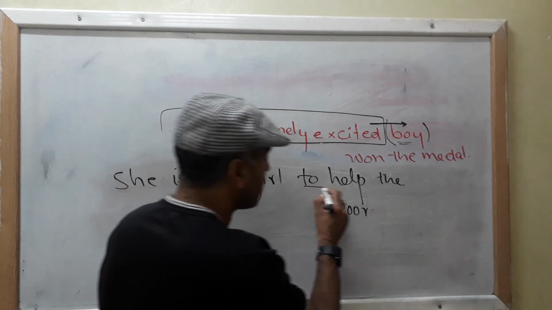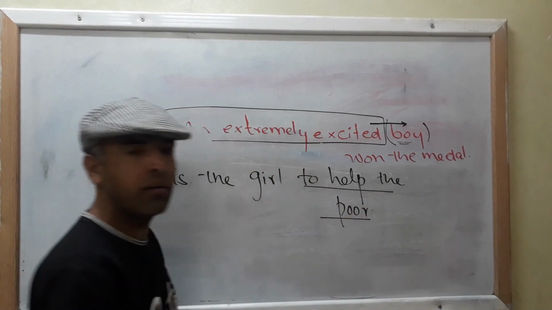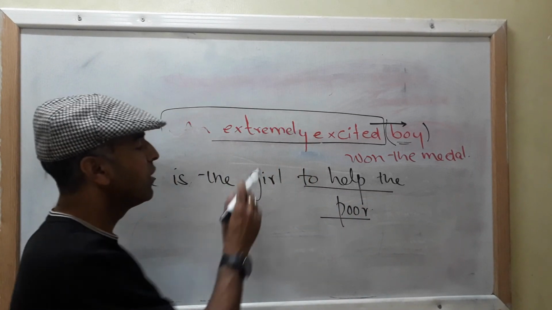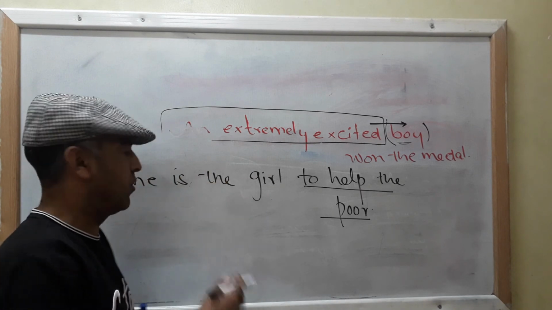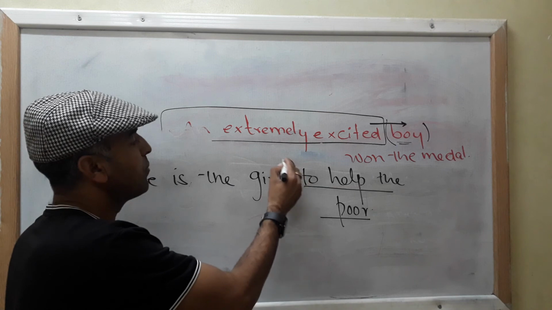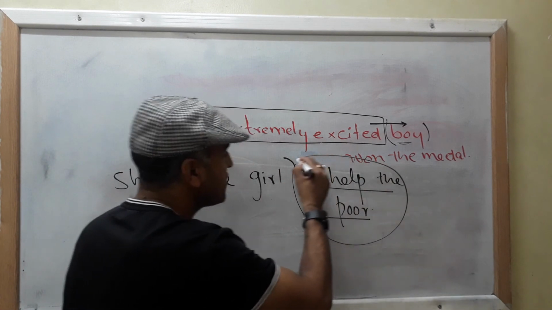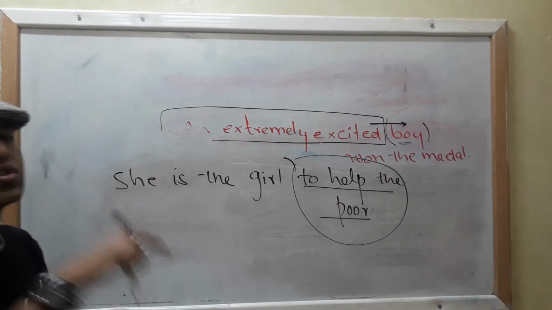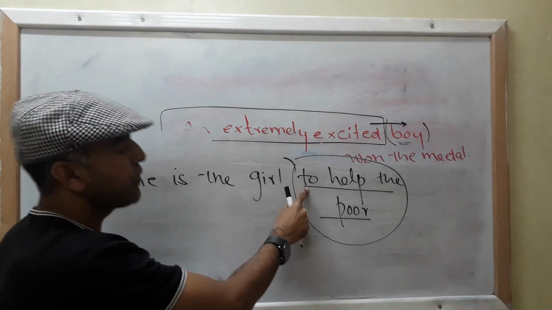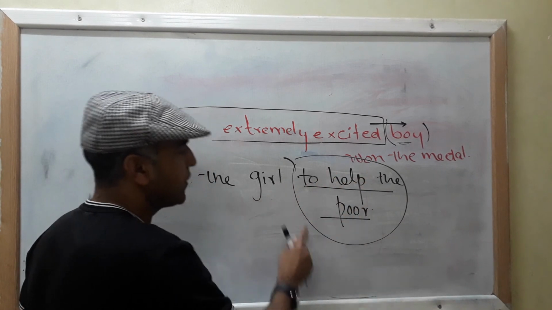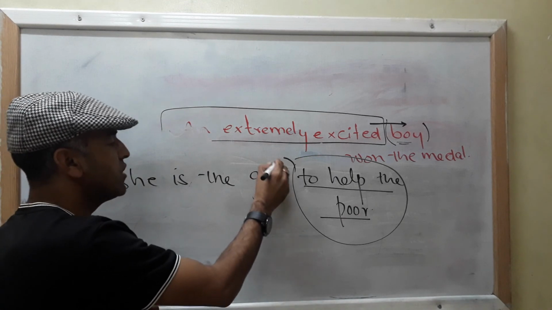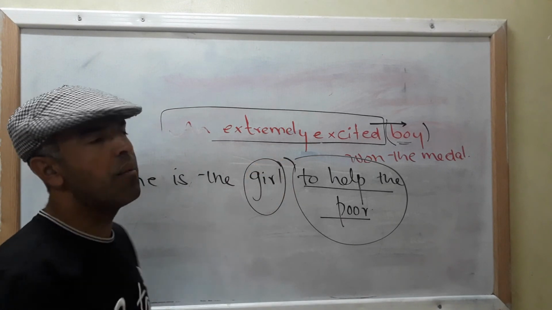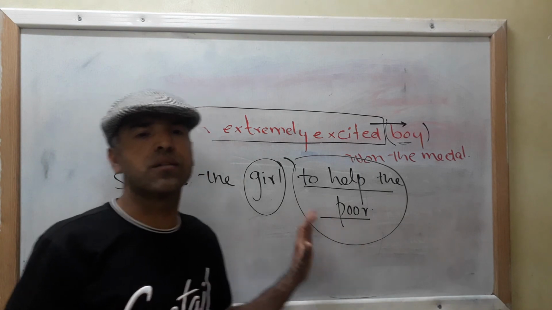To help the poor. Who wants to help the poor? To help the poor means a girl who wants to help the poor. She is the girl to help the poor. Clear? Means she is the girl who wants to help the poor. Here your adjective phrase starts with an infinitive. It gives you additional information about your noun, that is a girl.